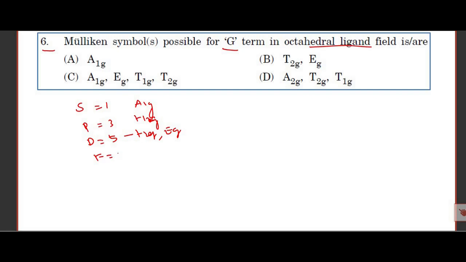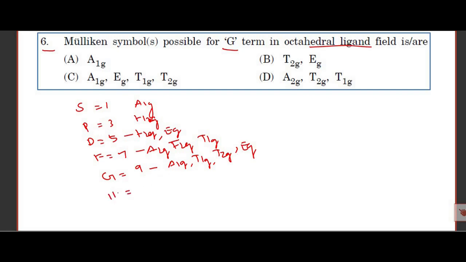For F, it is 7, where you will have A2g, T2g and T1g. For G you will have 9, which is A1g, T1g, T2g and Eg.